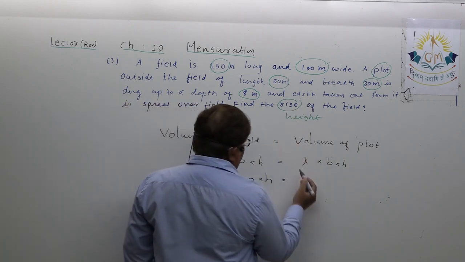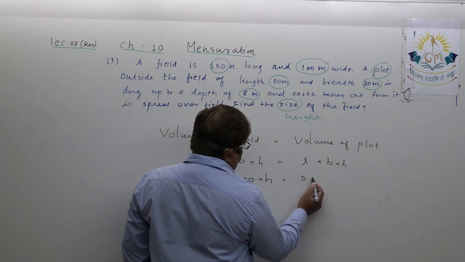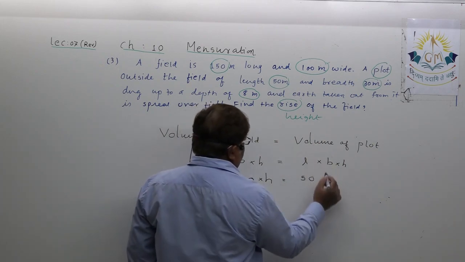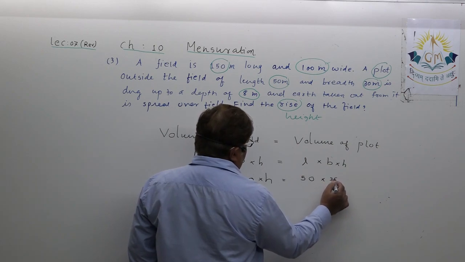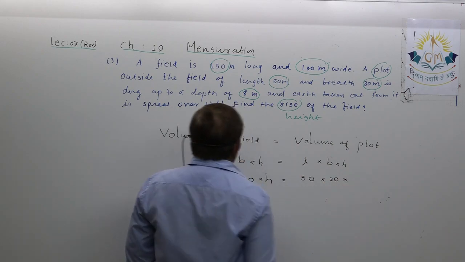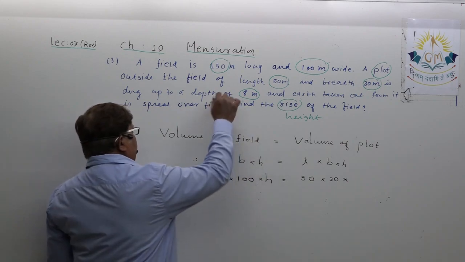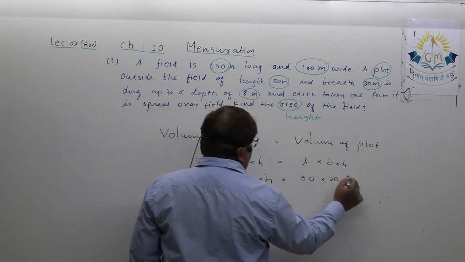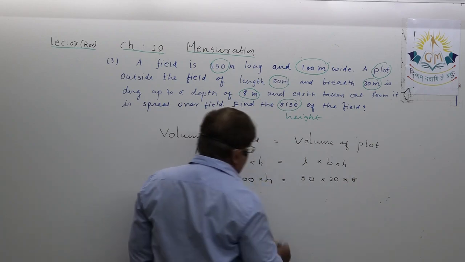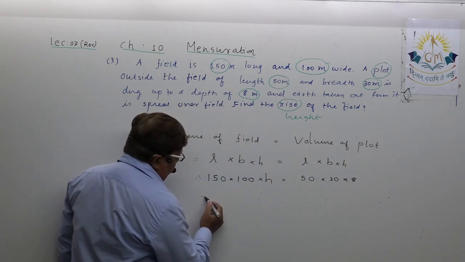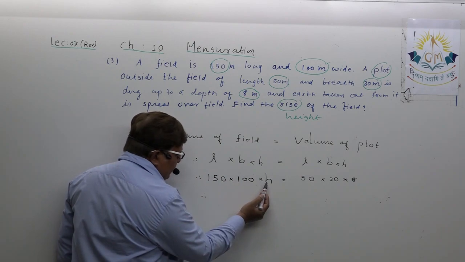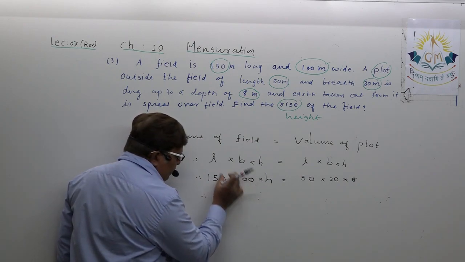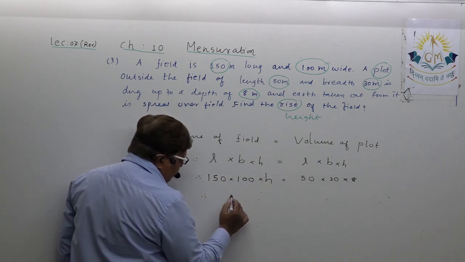What is the length of the plot? 50 meter. What is the breadth of the plot? 30 meter. Depth means height of the plot, to which depth you are digging out: 8. Okay. Now, dear student, because we are looking for h, the rest of the numbers will be transferred there.